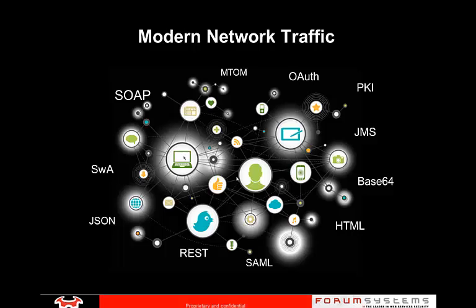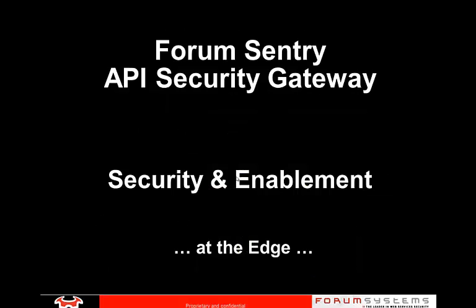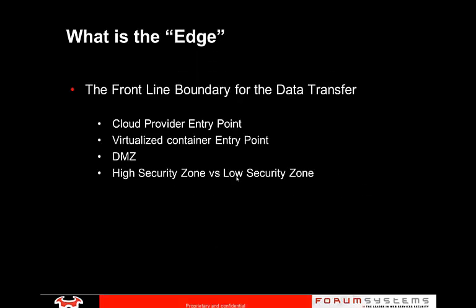Where this has effectively evolved is that it provides that standards-based framework whereby API security gateways, such as Forum Sentry, can provide for security and enablement of those business flows, and primarily provide that at what we call the edge. When we say the edge, what we mean is the frontline boundary for where the data transfer occurs.